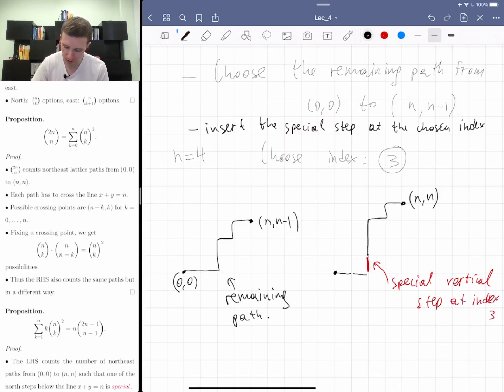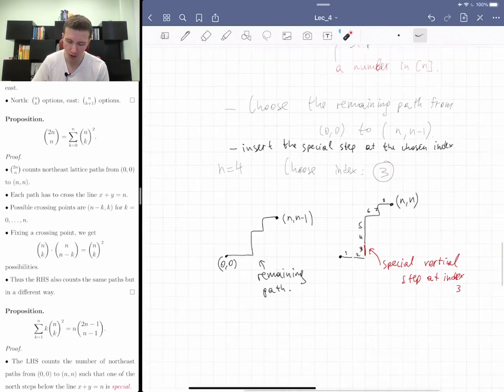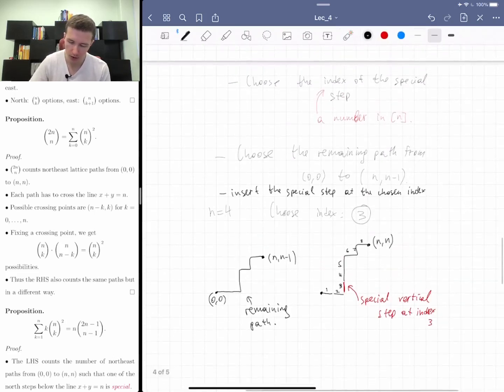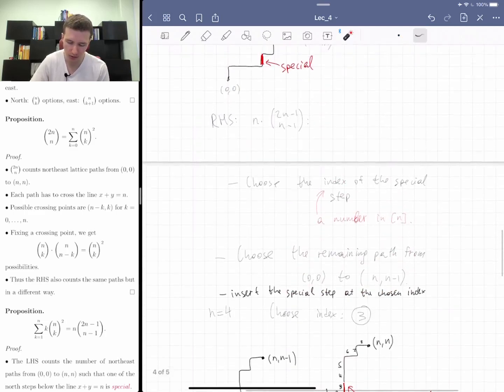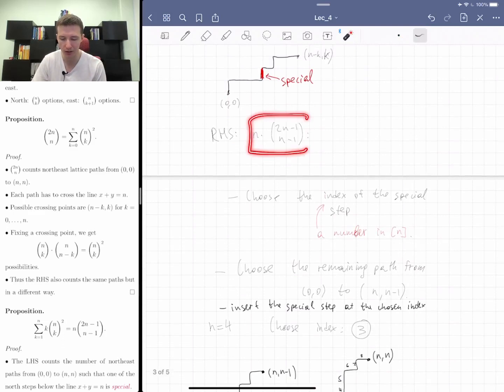Again, index just means that if I label all steps 1, 2, 3, 4, 5, 6, 7, 8, then I can insert it to be exactly at index 3. This way, because I have chosen an index in n ways and have chosen the path in whatever binomial coefficient ways, I get exactly this many options for the right hand side.